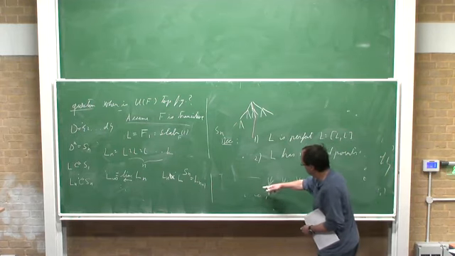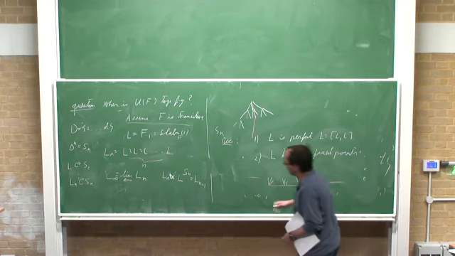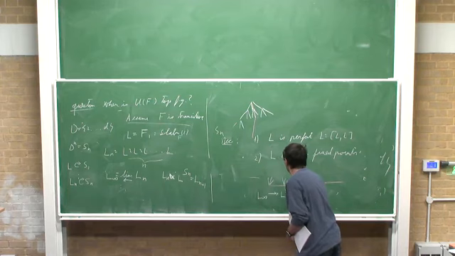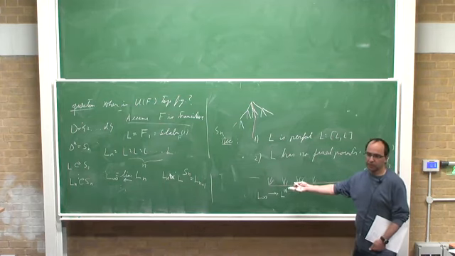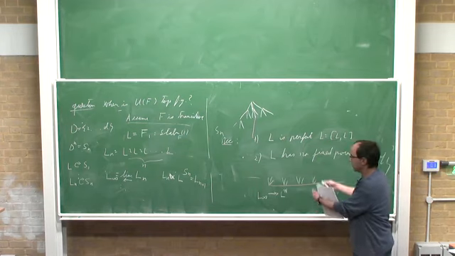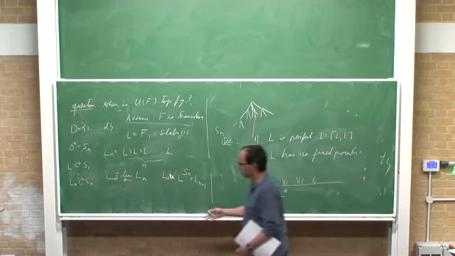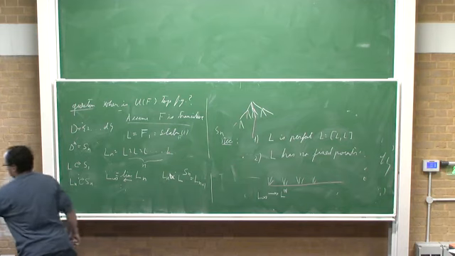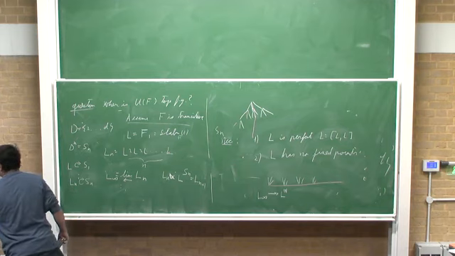Since you fix this path, you get a map from L infinity to L to the n. And again, this cannot be topologically finitely generated. Any infinitely many elements will have repetitions in all the coordinates. It won't generate a dense subgroup.